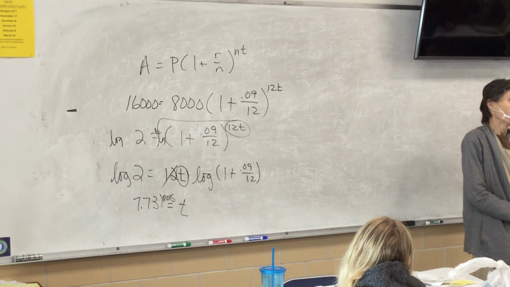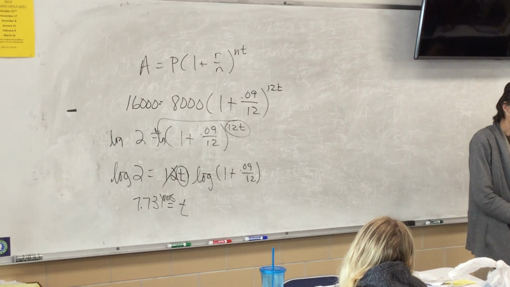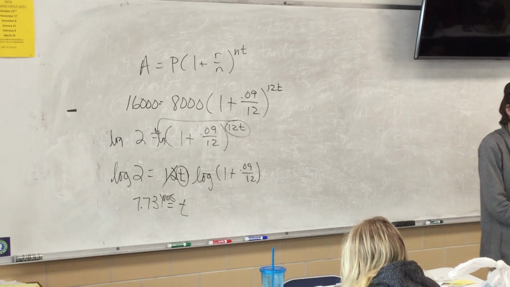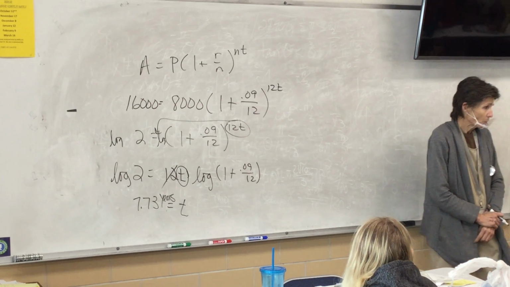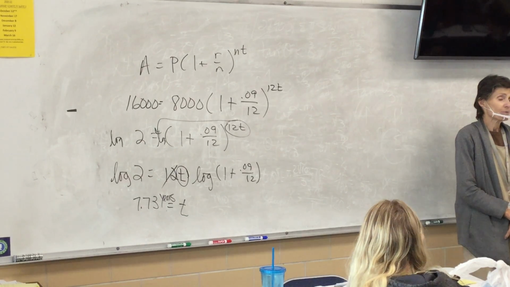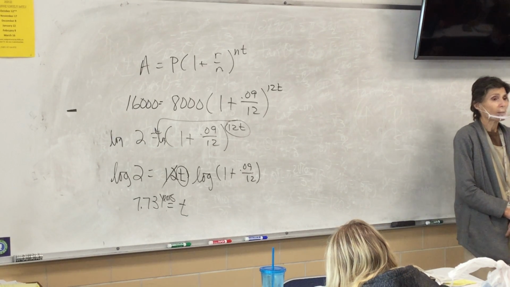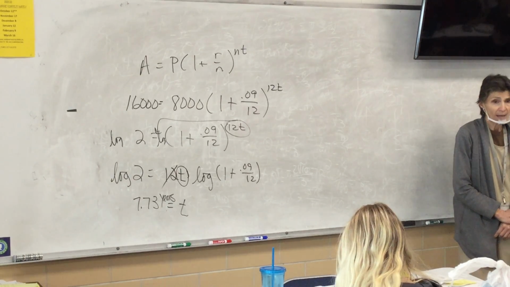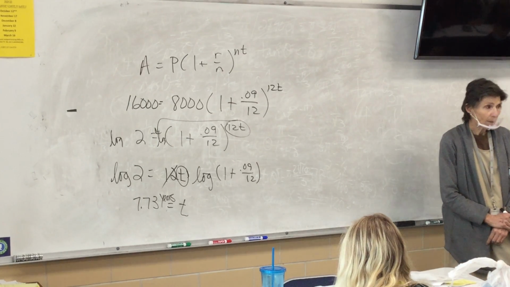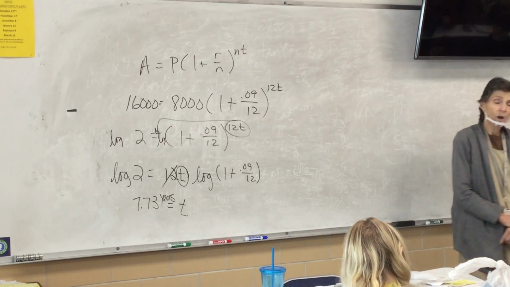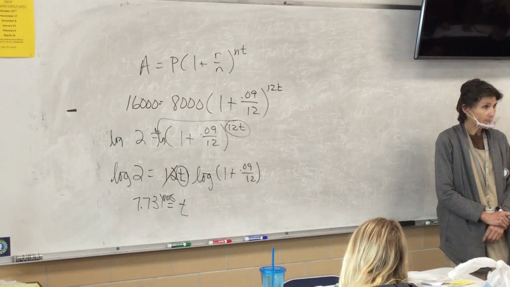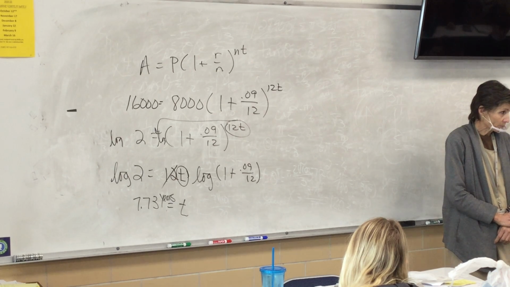Now, why did we use that formula for this problem? Because it is a one-time deposit. Future value and present value rely on payments. If you are not making payments, then you aren't going to use future value and present value. They must have payments involved.